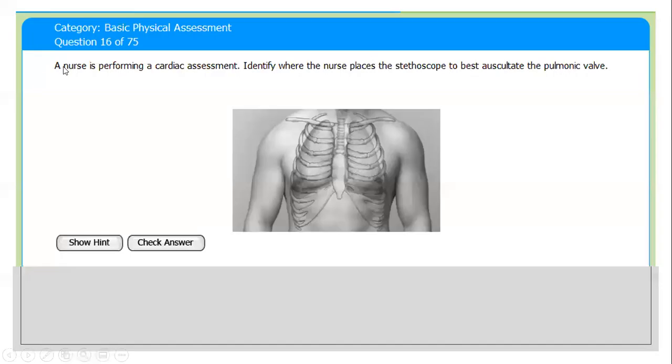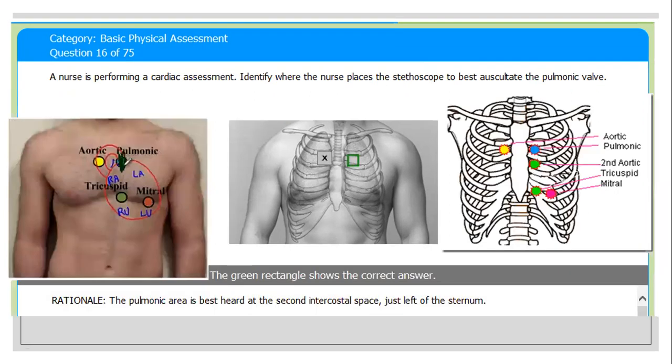The first question: a nurse is performing a cardiac assessment. Identify where the nurse placed the stethoscope to best auscultate the pulmonary valves. So the second intercostal space, the left or right, which one?